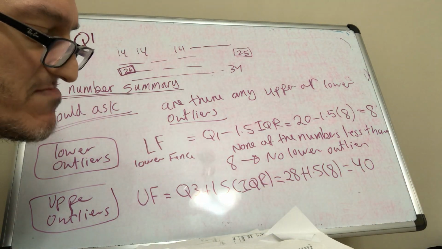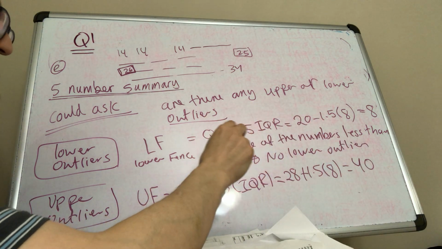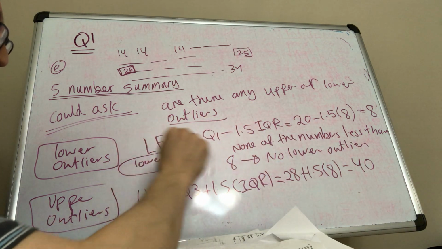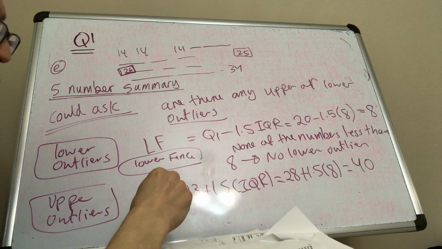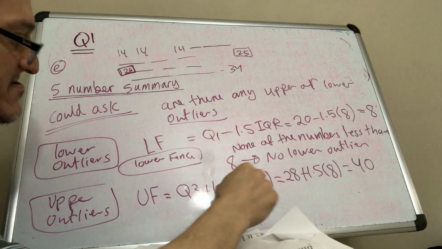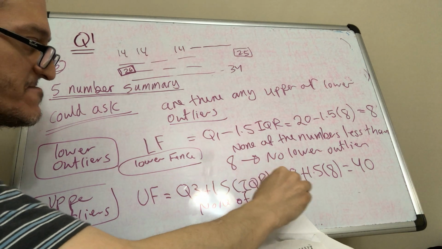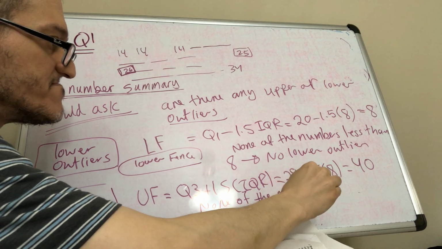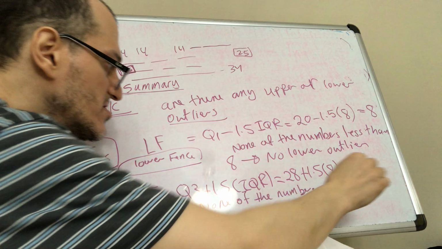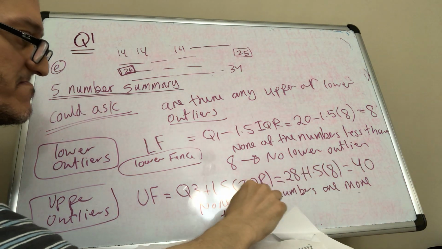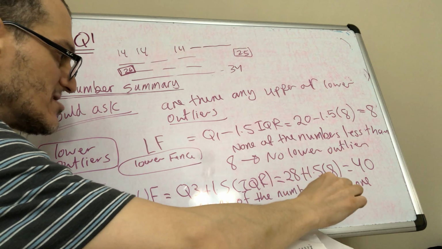Do we have any numbers more than 40? So for lower outliers, you must be less than the lower fence to be a lower outlier. For upper outliers, you need to be more than the upper fence. None of the numbers are more than 40, no upper outliers.